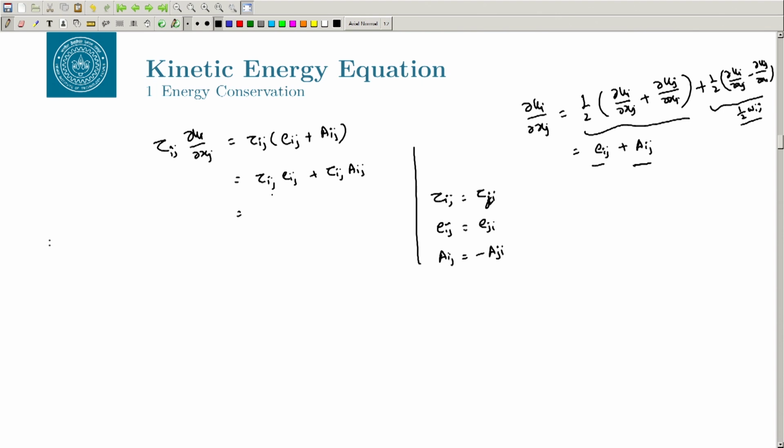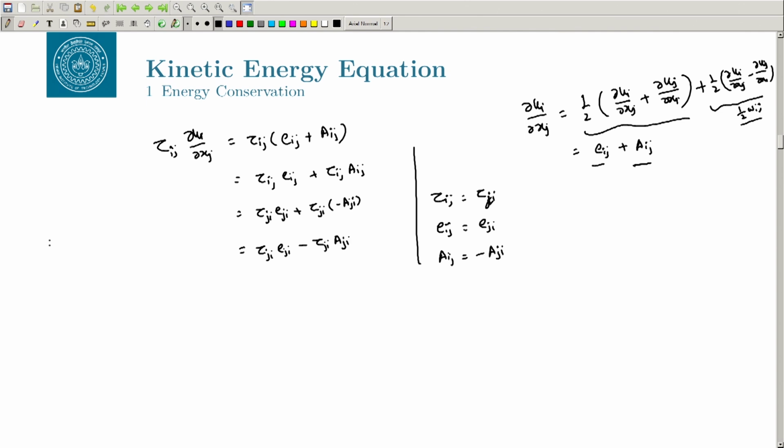If I exchange this j and i, we are allowed to do that. That will become tau_ji E_ji, because they are symmetric tensors, plus tau_ji times minus A_ji. So this will become tau_ji E_ji minus tau_ji A_ji.